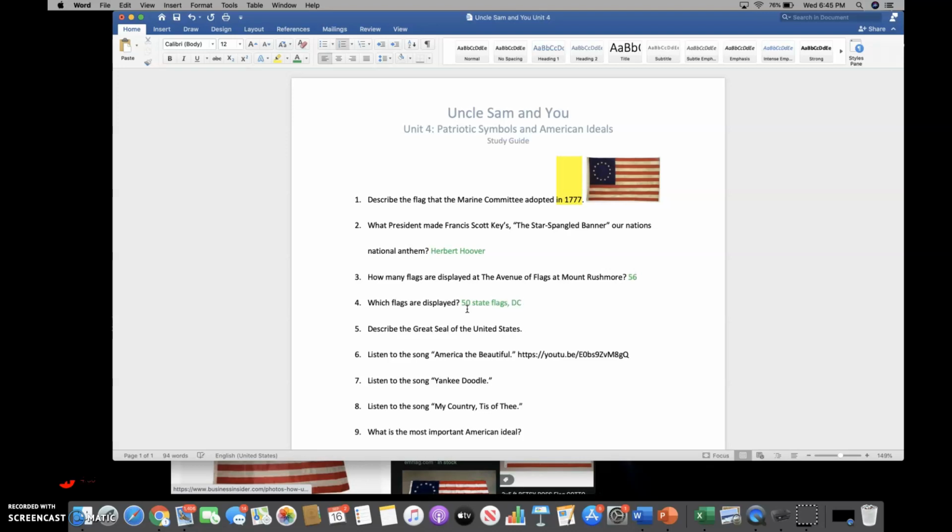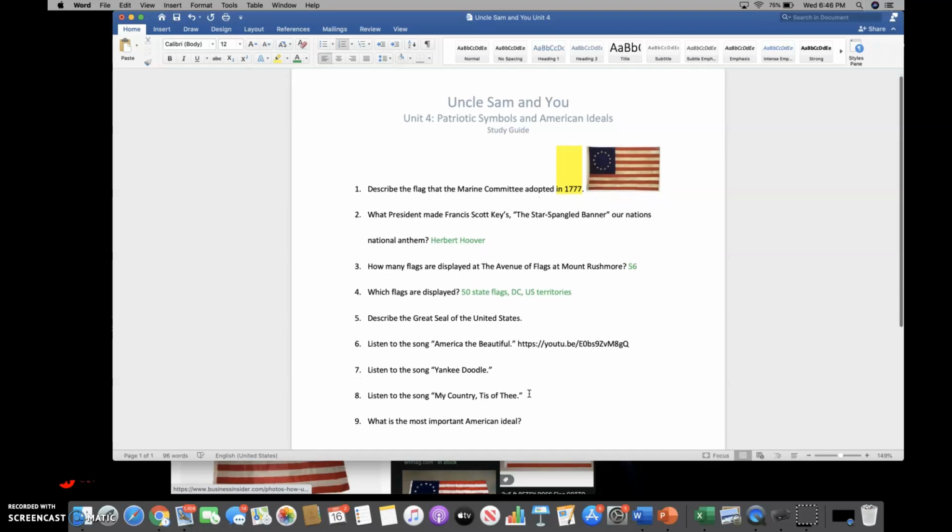The flag of the District of Columbia, D.C., and the U.S. territories. I'll go ahead and write U.S. territories. So those are the flags that are on display. The 50 state flags is where obviously we get 50, plus the District of Columbia would be 51. So there are 5 other flags there. Those are the 5 U.S. territories that we currently have.